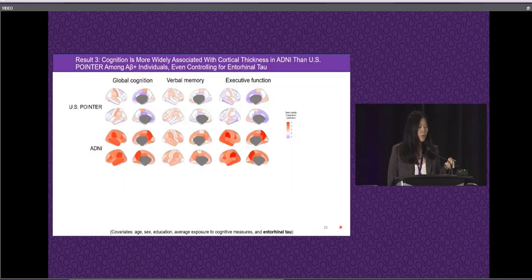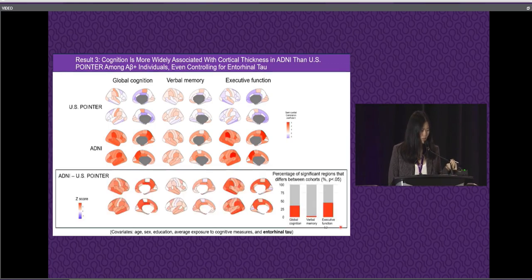And third, we would like to know whether the cortical thickness could contribute to this as well. So we conducted the correlations between the regional cortical thickness and the three cognitions, with entorhinal tau as one of the covariates.